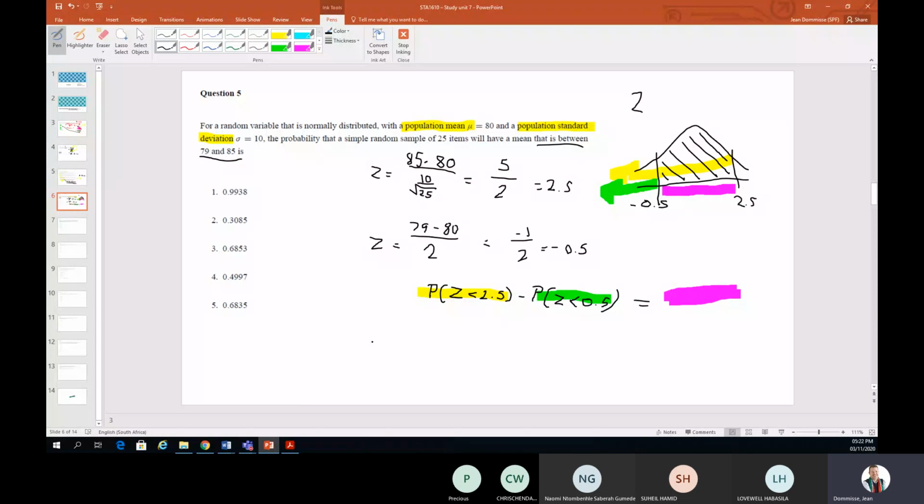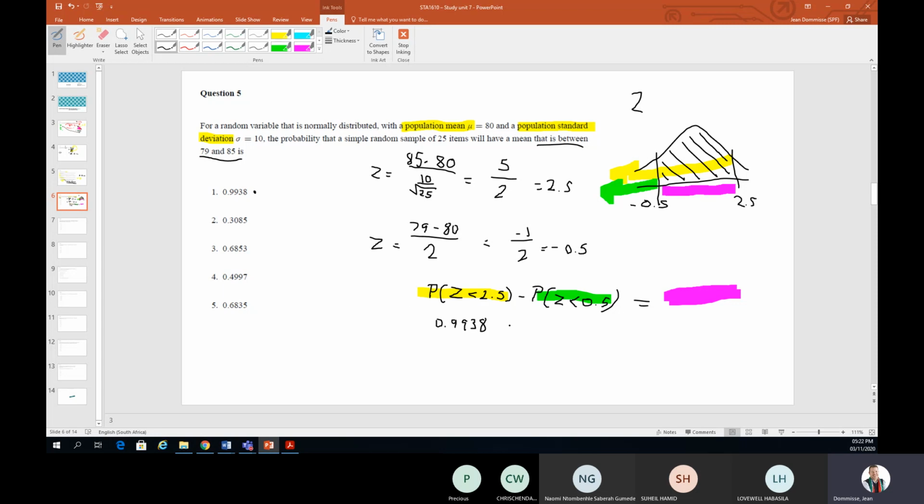Okay, so the probability of Z smaller than 2.5. I need to go to my Z table. The probability of Z smaller than 2.5 is 0.9938, and just watch.